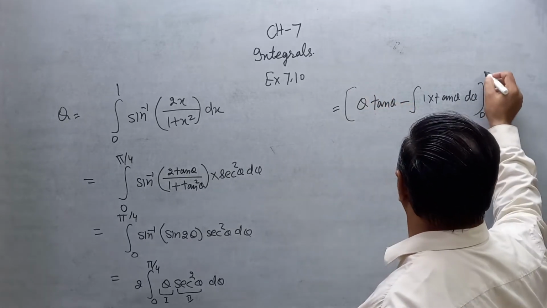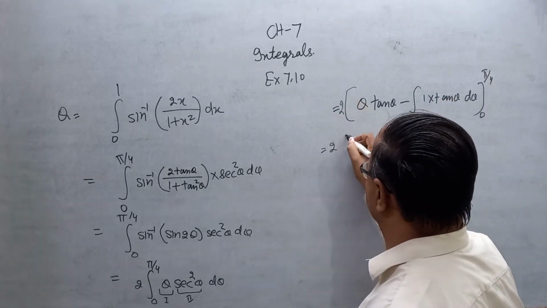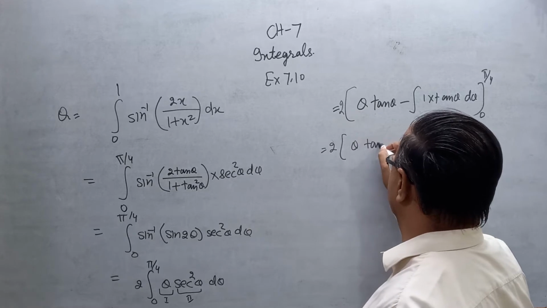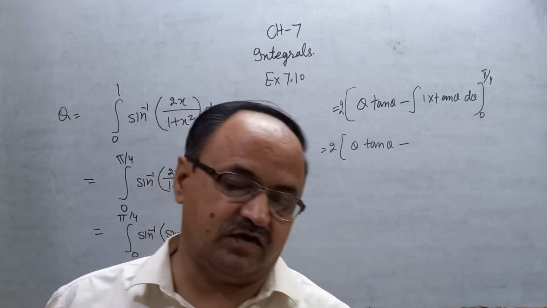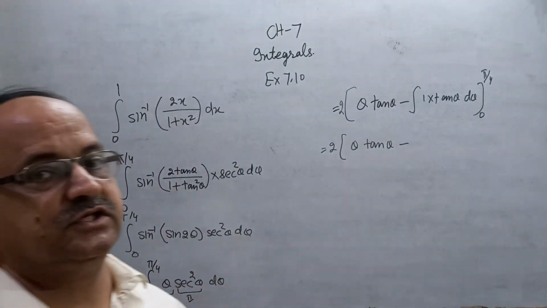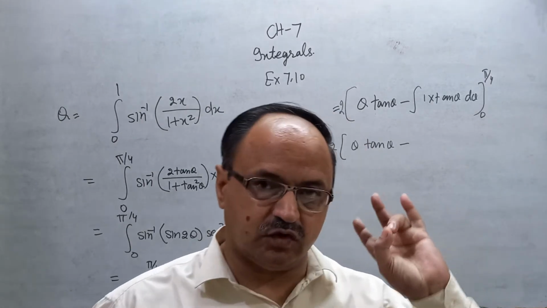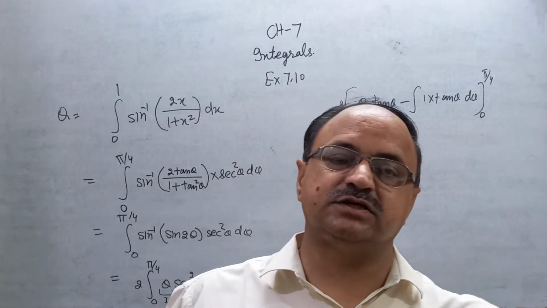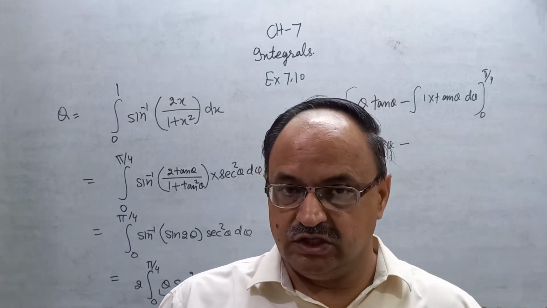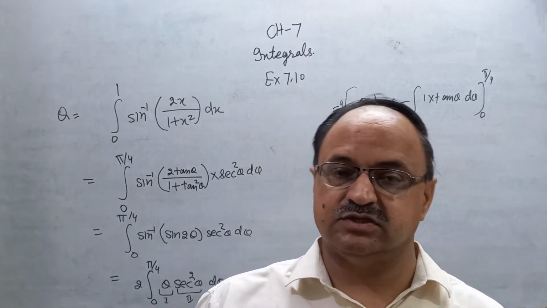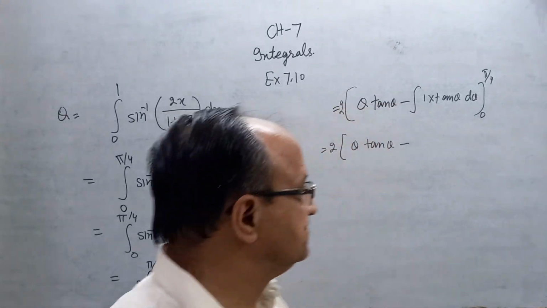Limit 0 to pi by 4: 2 theta tan theta, minus the integration of 2 tan theta. The integration of tan theta is a difficult formula that most students don't know, like the integrations of cot theta, sec theta and cosec theta, because these formulae are used very little, so students don't remember them.